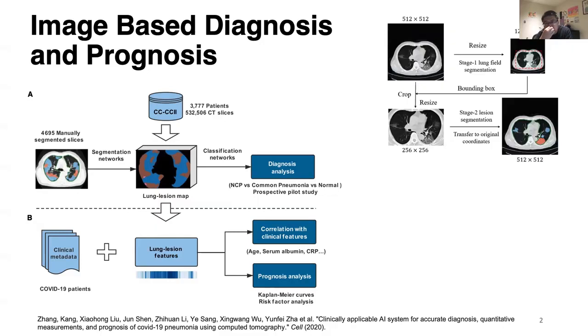For the segmentation network, it is actually implemented as a two-stage design. In the first stage, the authors downsampled the input image to a 128 by 128 level and segmented the lung field from the image, as the patterns of the lung fields were easily learned at a relatively low resolution.